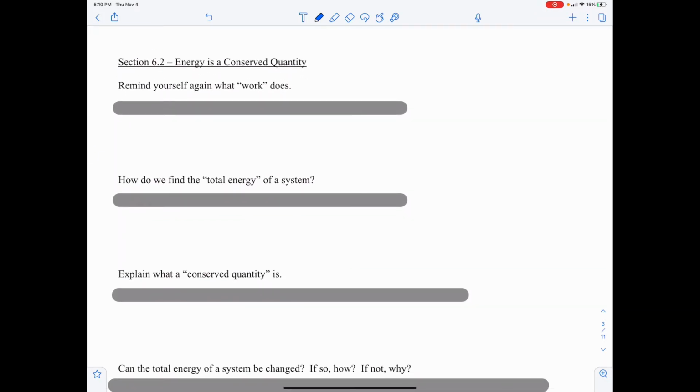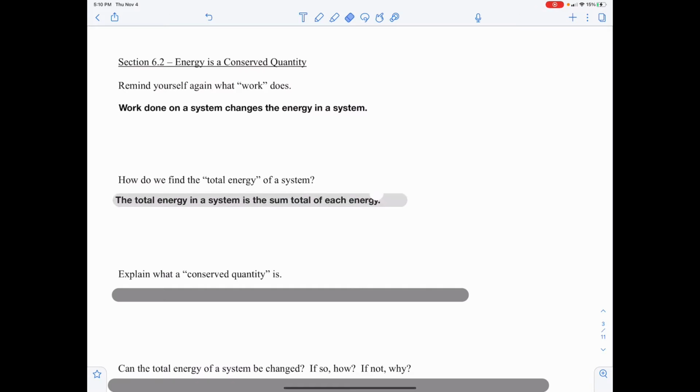Section 6.2, energy is a conserved quantity. Remind yourself what work does. Work on a system changes the energy of that system. Positive work increases the energy, negative work decreases the energy. How do we find total energy in a system?